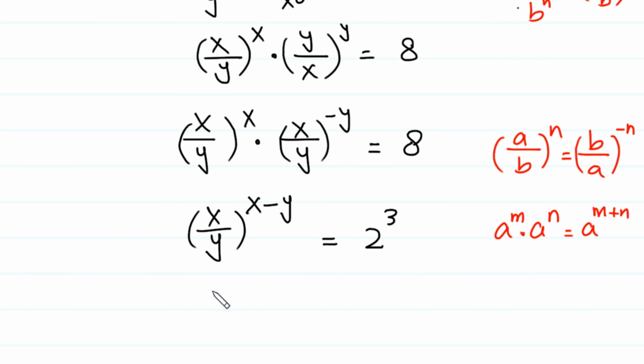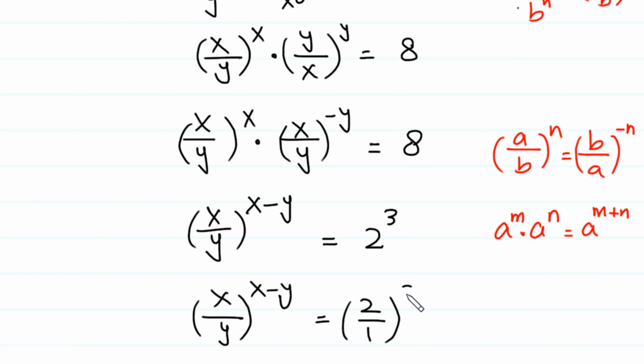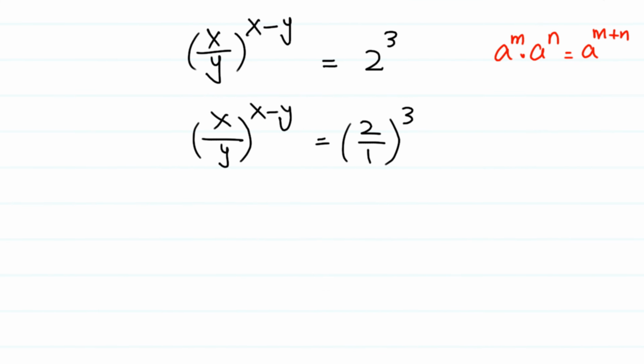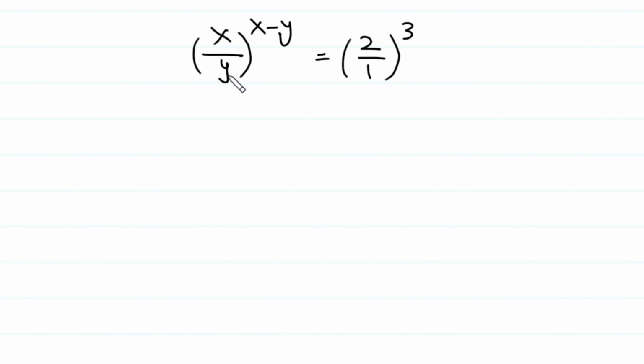Next, x over y to the whole power x minus y is equal to, this 2 to the power 3 can be written as 2 over 1 to the whole power 3. Next, we compare base with base and exponent with exponent. At left side, base is x over y, and at right side the base is 2 over 1.